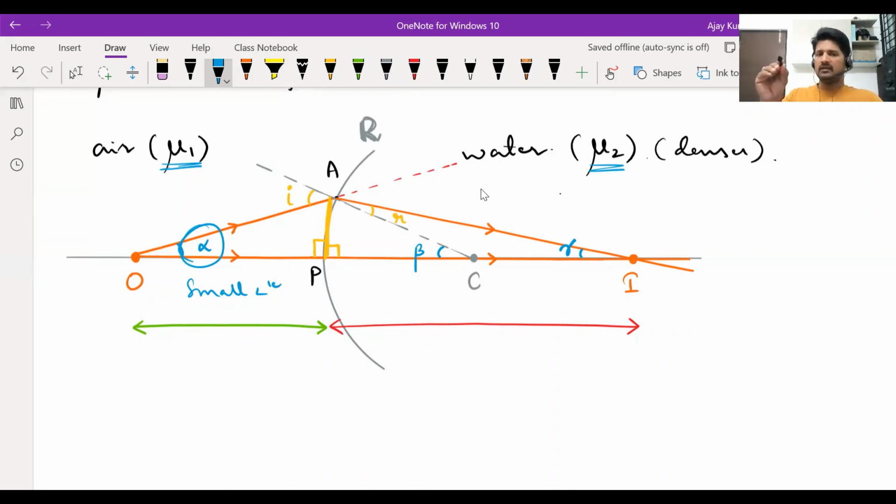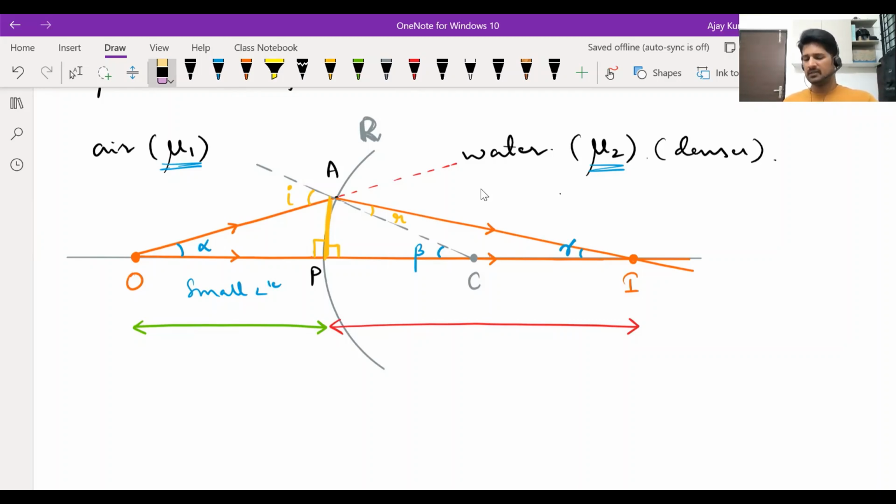The ray OA will have to be very close to the principal axis. Such rays are called paraxial rays. Whatever formula we are going to derive now is also valid only for image formation by paraxial rays. Paraxial means rays which are very close to the principal axis.